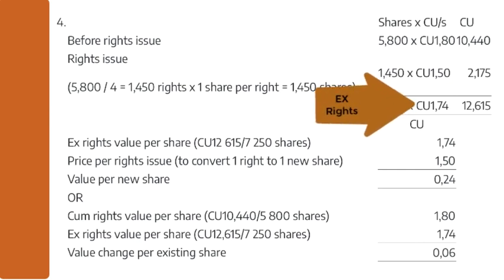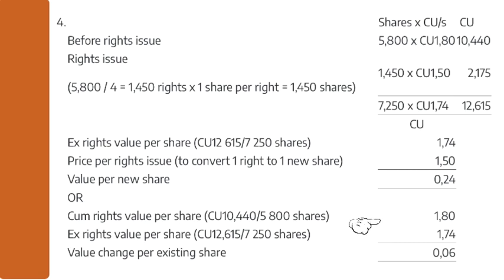So if we want to go and calculate what is the amount that I need to transfer out of my shares account into my rights account so that I can derive the value for the rights, I will say my shares will go from R1.80 cum rights value to R1.74 X rights value, which I calculated through the valuation technique.